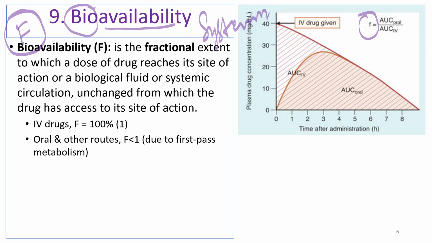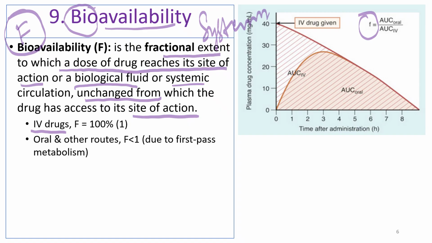The fraction or extent of the dose of the drug that reaches the site of action, biological fluid or systemic circulation, in unchanged form, that is active form, accessible to produce the response. Usually with IV routes, we are giving the entire medication into the systemic circulation.